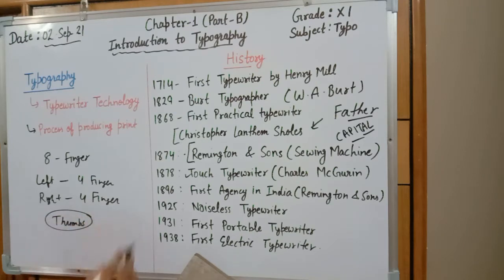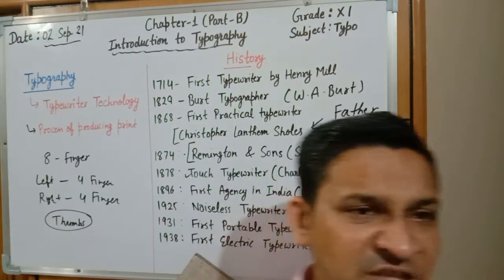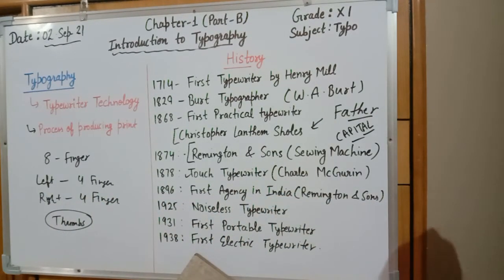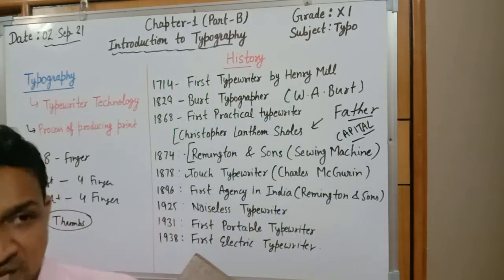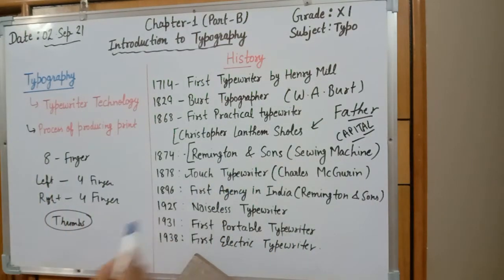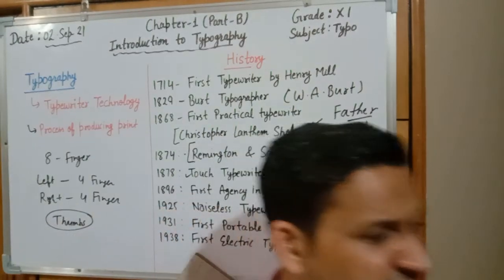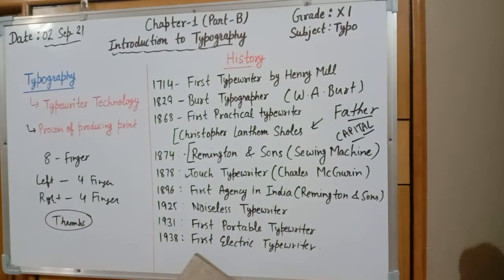The arrangement of fingers was made for the purpose of increasing the speed of typewriting. Who was the developer of touch typing technology? The developer was Charles McGurrin.